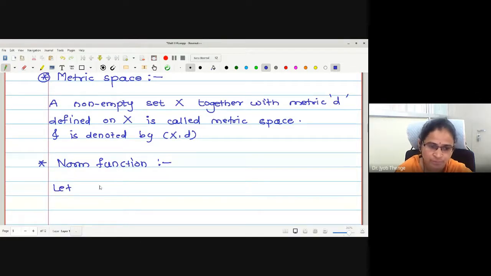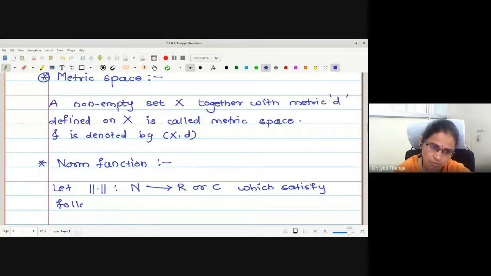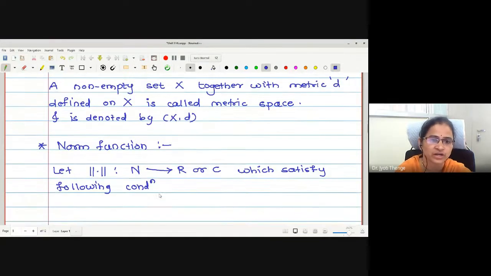Let us define this symbol, norm, defined on any vector space, from R or C, which satisfies the following conditions. What are the conditions?